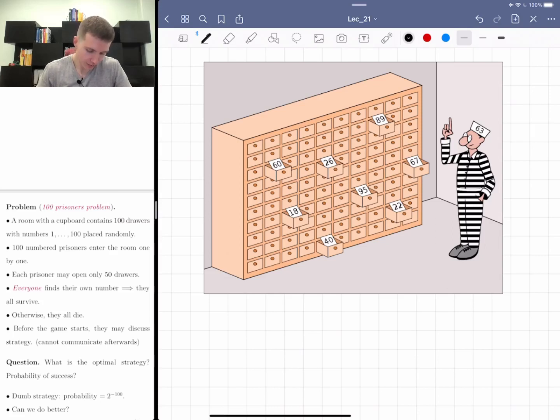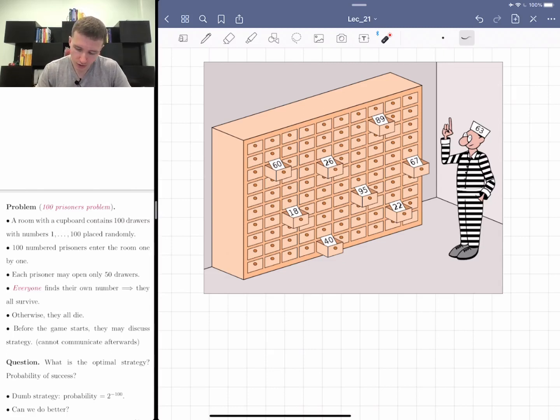First of all, let me remind you what the problem was. You have a room with 100 drawers and you have 100 prisoners. Each prisoner is numbered, they know their own number, and the drawers contain numbers from 1 up to 100, just randomly permuted inside.